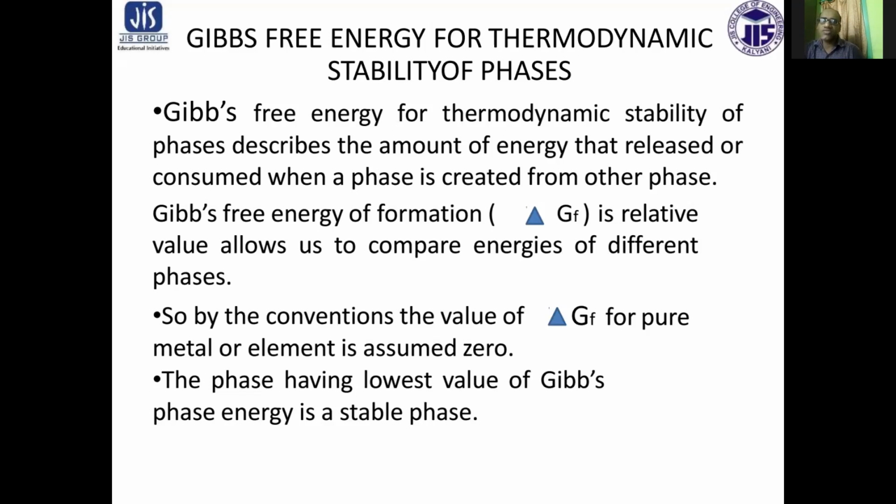Gibbs free energy of formation is a relative value, which allows us to compare energies of different phases. By convention, the Gibbs free energy, denoted as delta G_f, of a pure metal or element is assumed to be 0. The phase having the lowest value of Gibbs free energy is the stable phase.